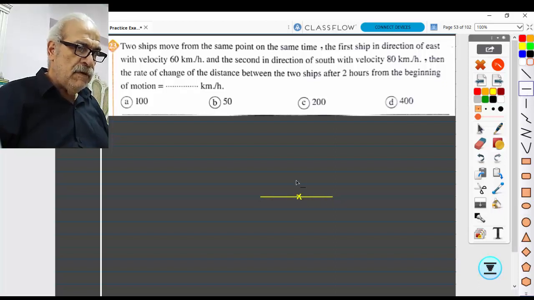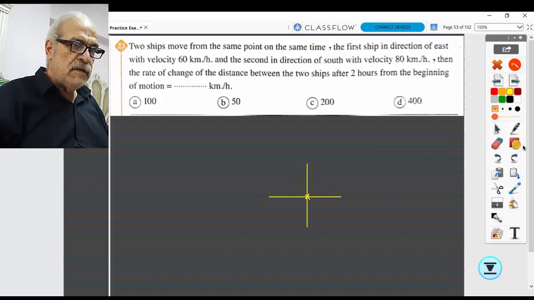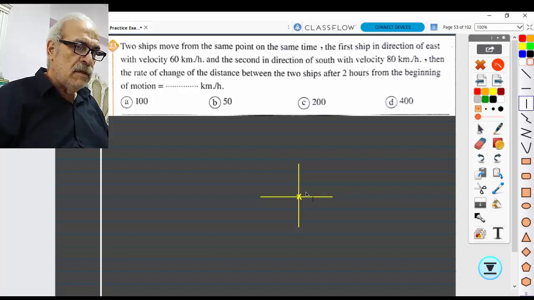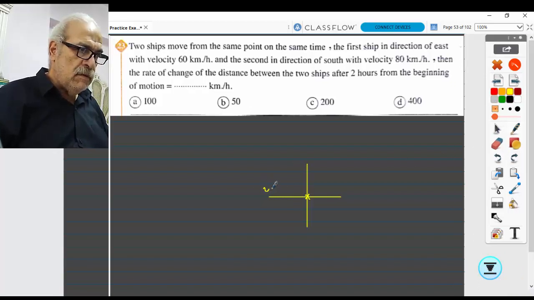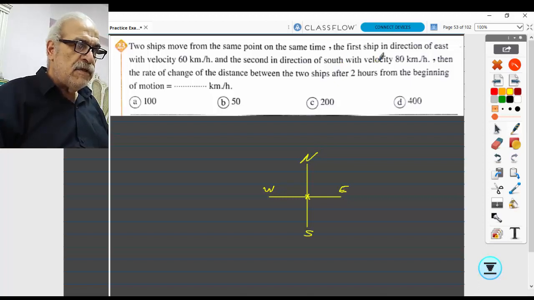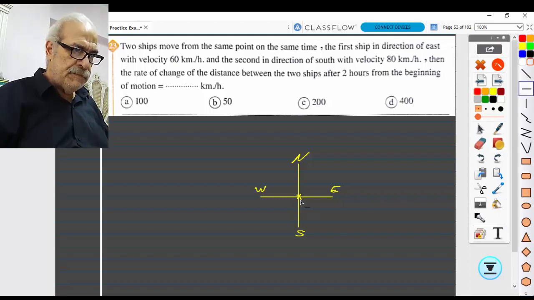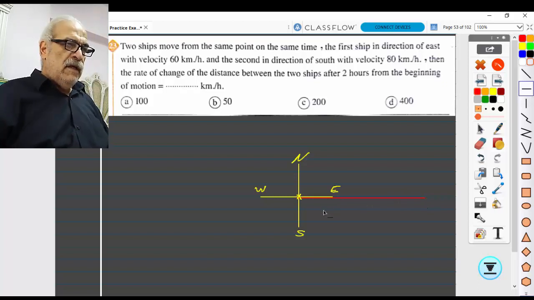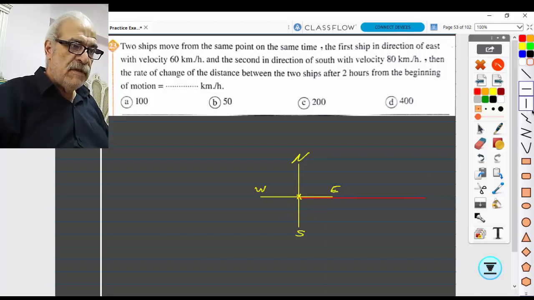First we have the 4 directions. The first ship moves in the direction of east here, in this direction, and the second in the direction of south here, in this direction.